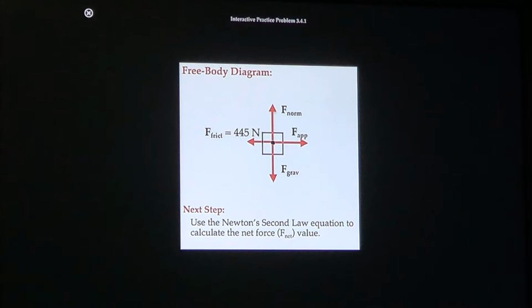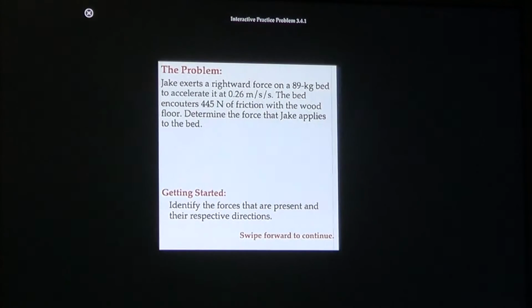And when you have the net force, how will you figure out what the applied force is? I forget, did it say if it's slowing down or speeding up?